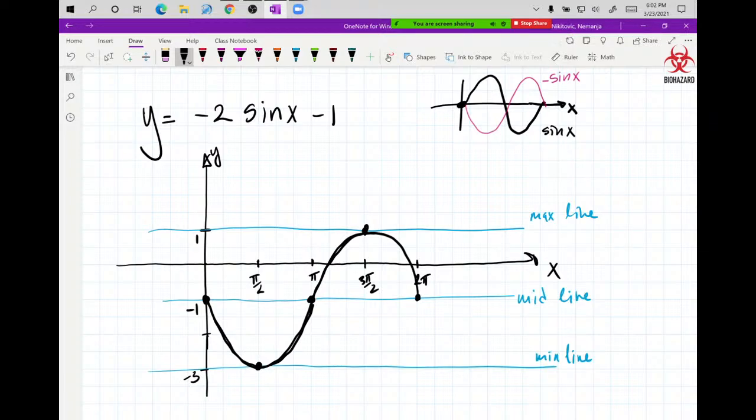One full period of sine. Sometimes homework asks you to do 2 full periods, right? And in this case, I just have 1. It will repeat itself forever, to the left and to the right.